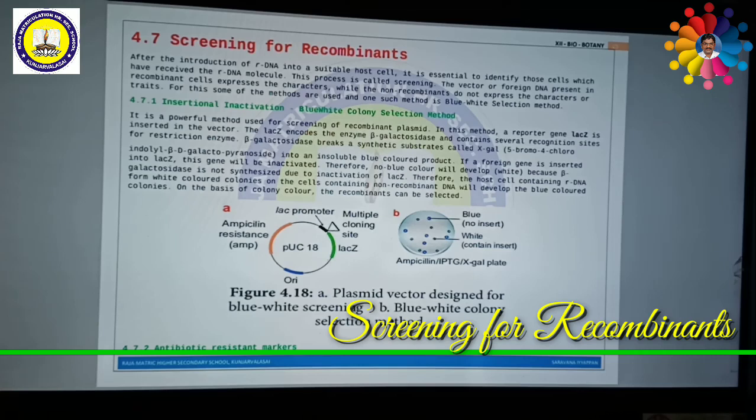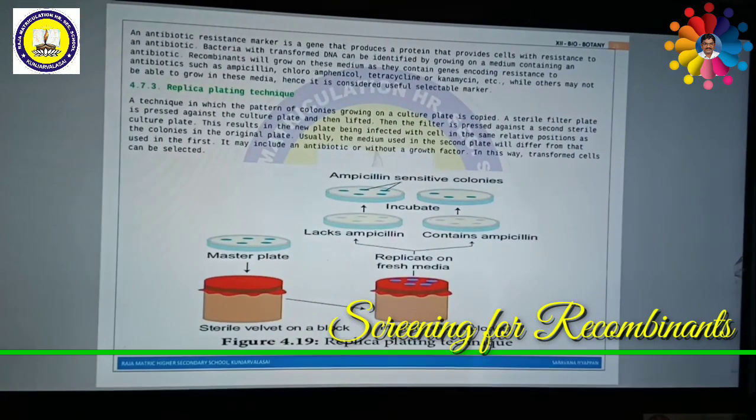Do you understand? So from this we can understand how the recombinant DNA is present inside the host cell. This is one of the methods of screening for recombinants.